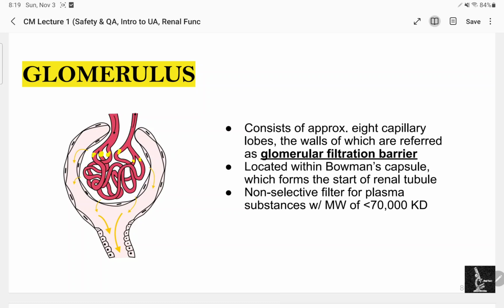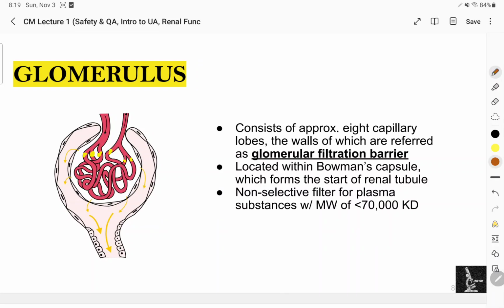Okay, your glomerulus is also contained or located within your Bowman's capsule. Okay, Bowman's capsule. Your Bowman's capsule forms the start of the renal tubule, or your proximal convoluted tubule.